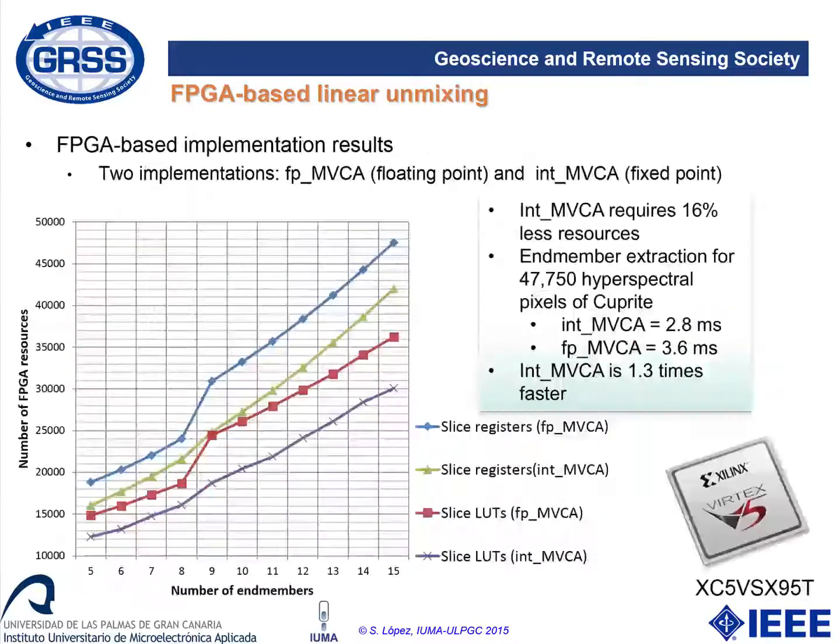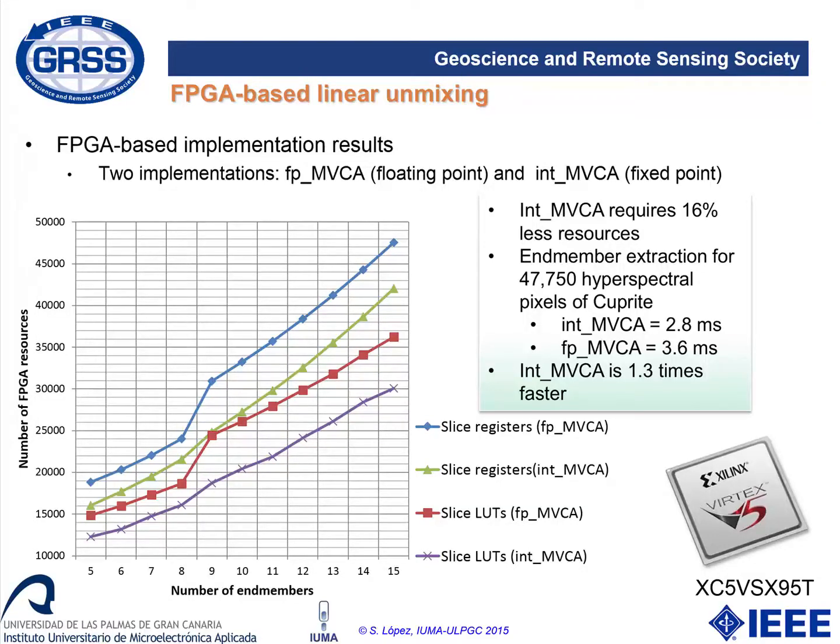So here are some results about our implementation into the FPGA, in which we did two implementations regarding the projection block, which is the block in charge of projecting the image into the direction signaled by F, being F the orthogonal vector to the n members found so far.